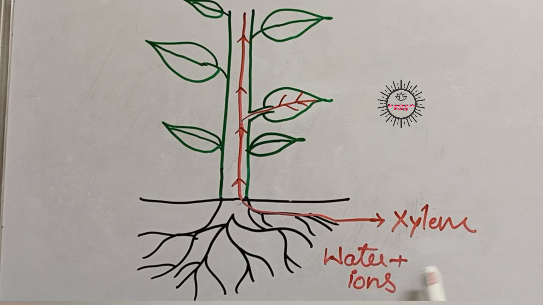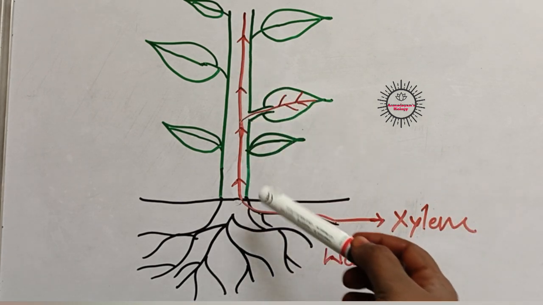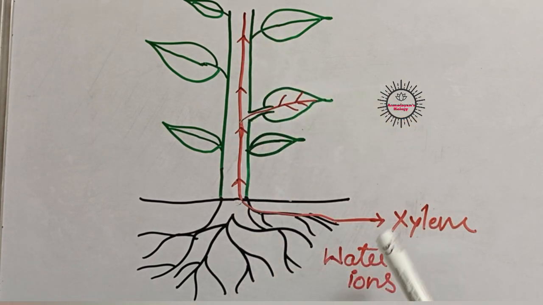The minerals, salts and ions which are present in the soil will get dissolved in water. So here concentration difference will get produced, and because of that concentration difference only the water will move into the plant body and moves upwards.